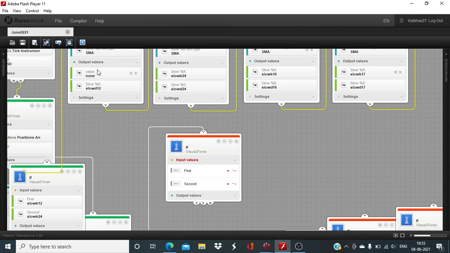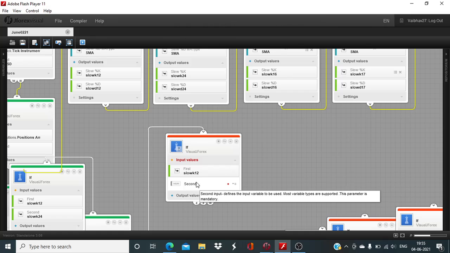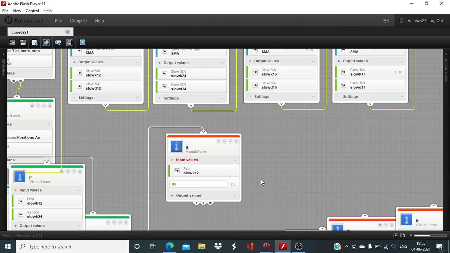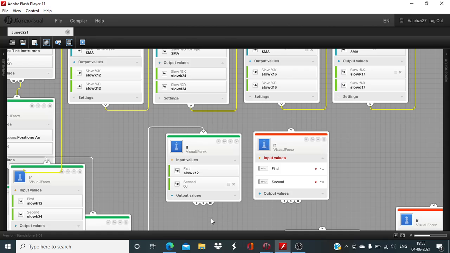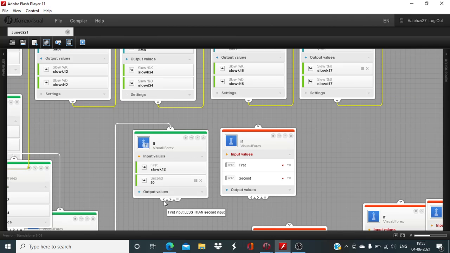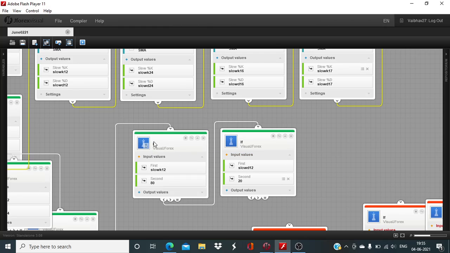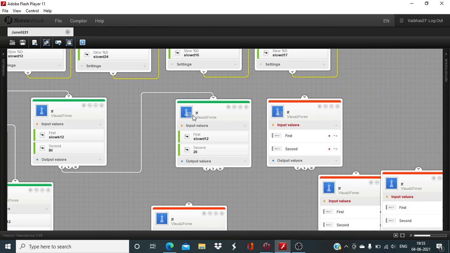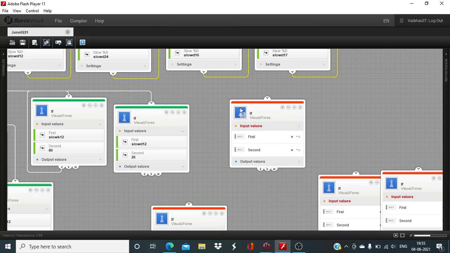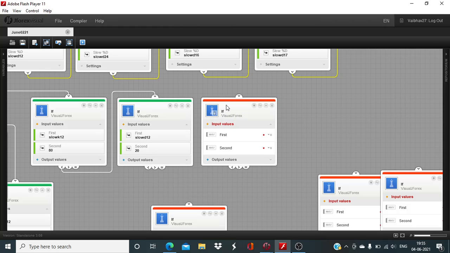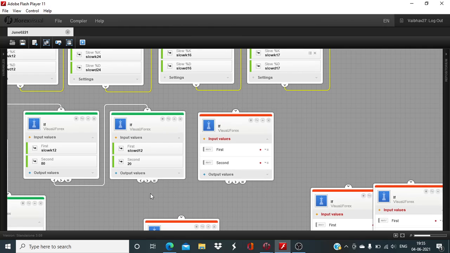So we will need slow K12 to be below 80, first input less than second input, and slow D12 to be above 20. Okay, first input greater than second input.